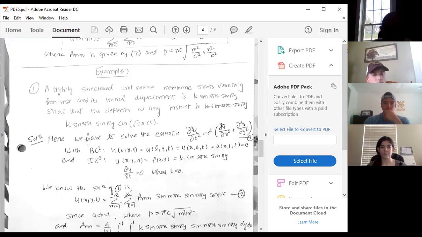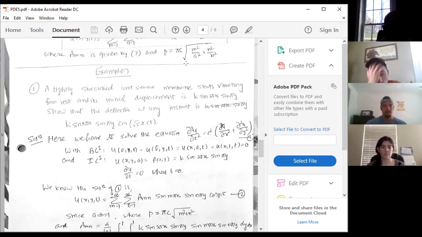Initial displacement means the function itself is given to you, f of xy, sine 2 pi x sine pi y times k. So that the deflection at any instant is k sine 2 pi x sine pi y cosine of root 5 pi ct. Almost the same thing, only you need to figure out this root 5, which can be figured out with the help of your P.